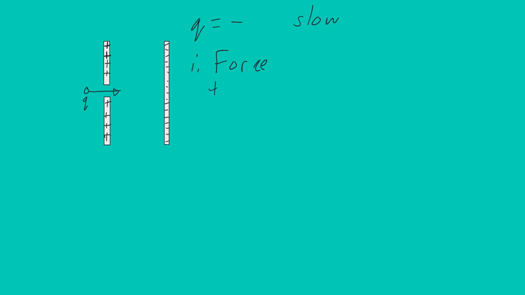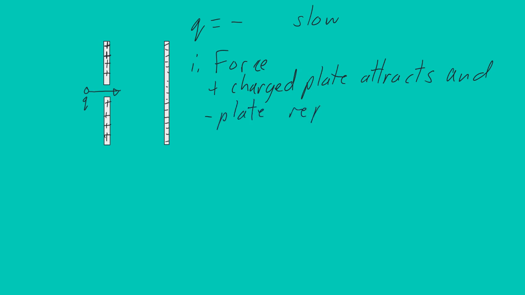The positively charged plate is going to attract, and the negative plate repels to the left, slowing the charge.